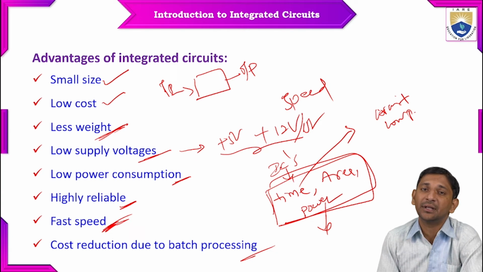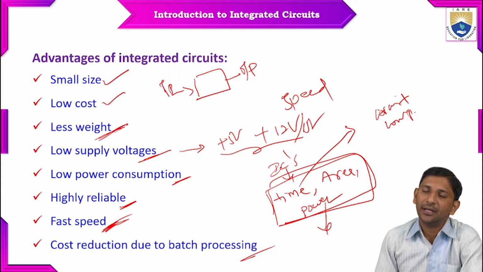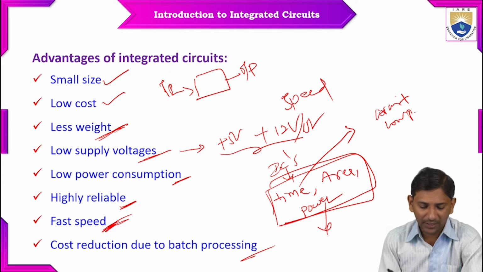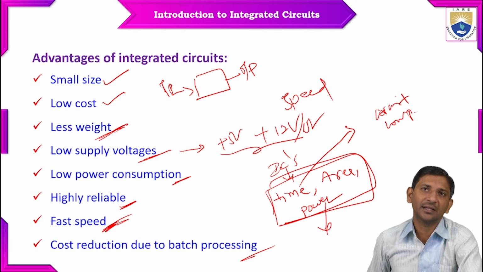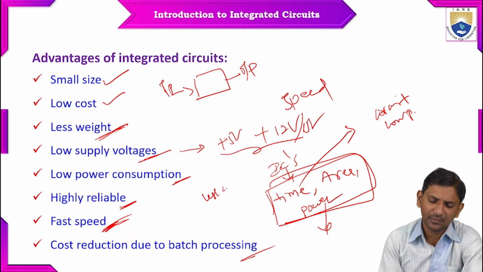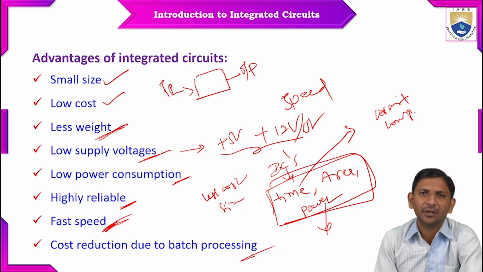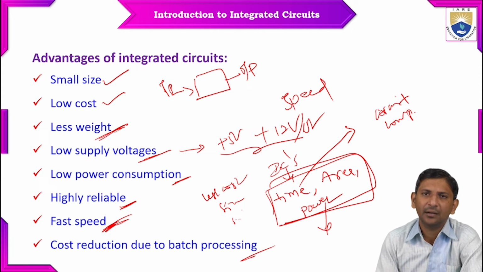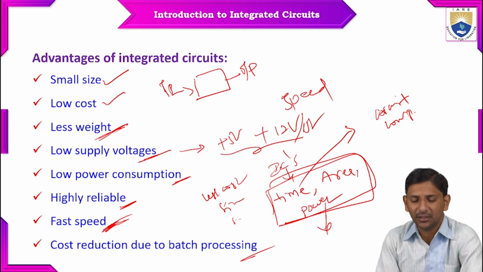And whatever cost we incur by using these components will be very little, so cost reduction takes place. So these are the advantages: less cost, small size, low power consumption, speed, and reduced area. These are the different advantages of integrated circuits.